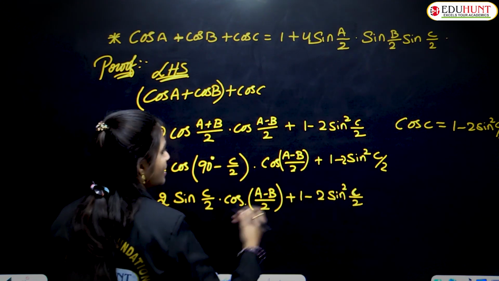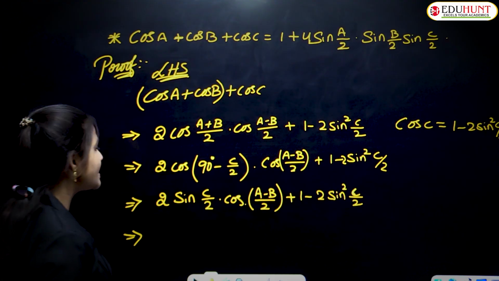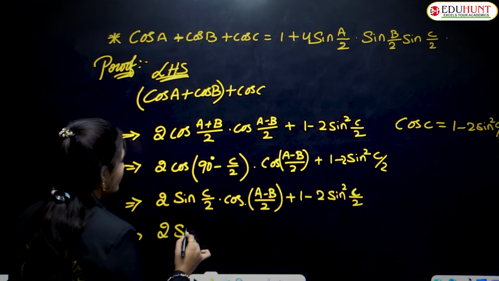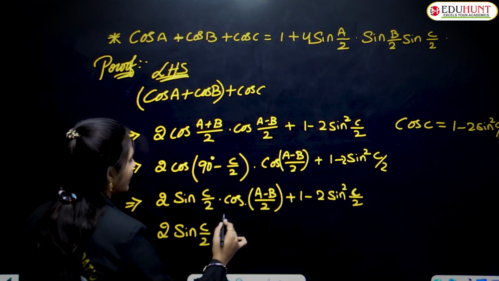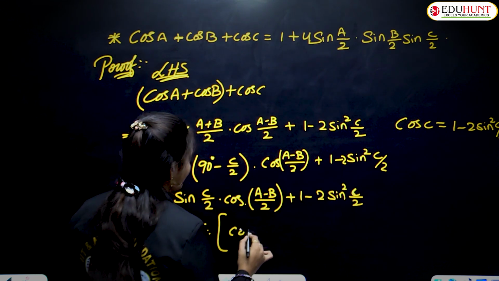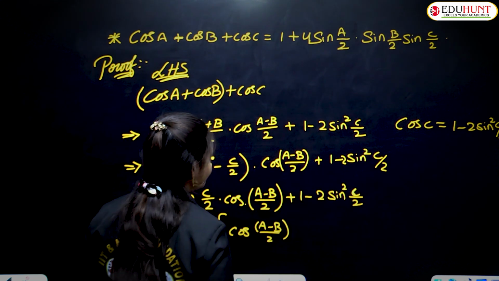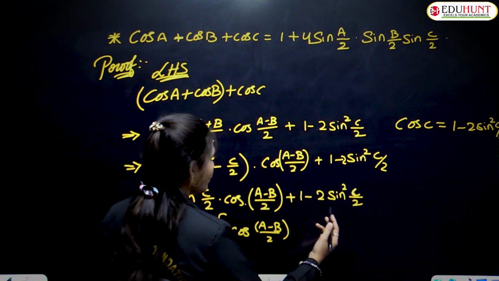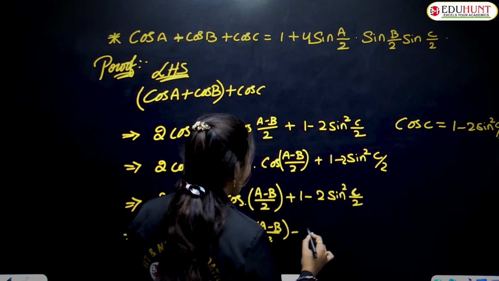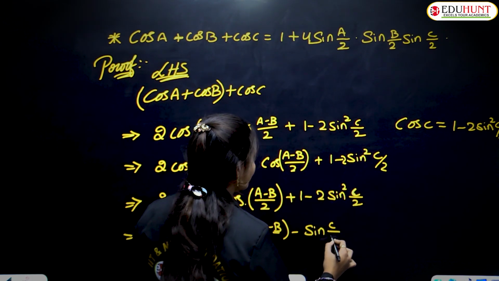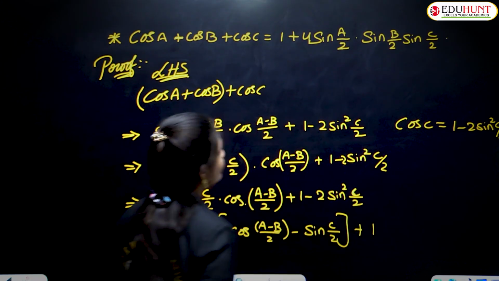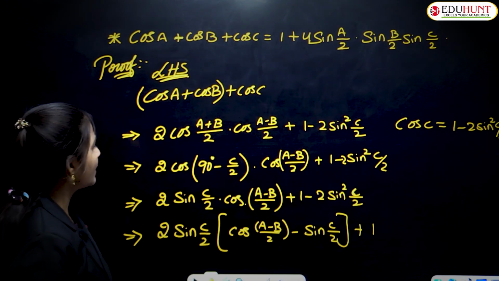So from these two terms, here we can take 2 sin c by 2 as common. So leftover ones, cos of a minus b by 2, and here we took 2 sin as common, no, so minus sin c by 2, and here plus 1 is there, no, so write here plus 1. Am I clear, children?